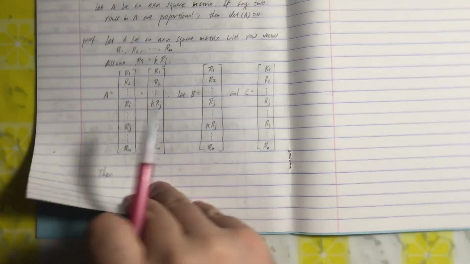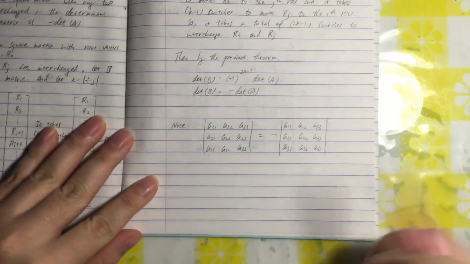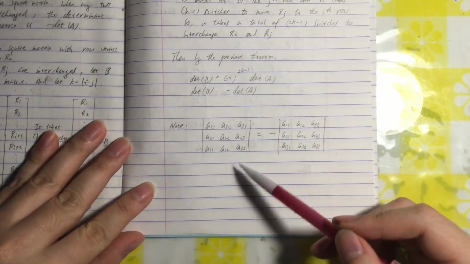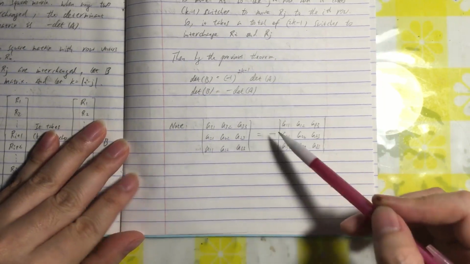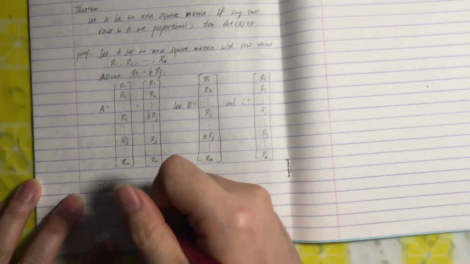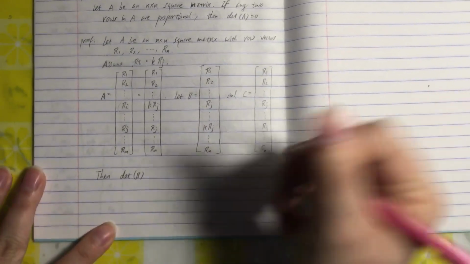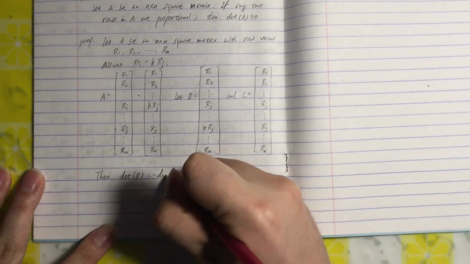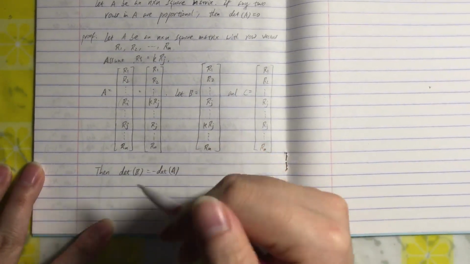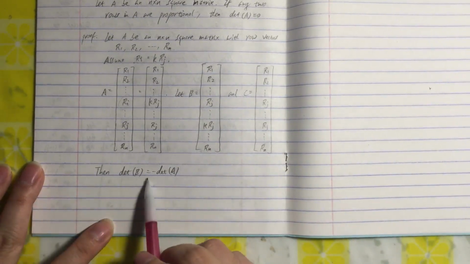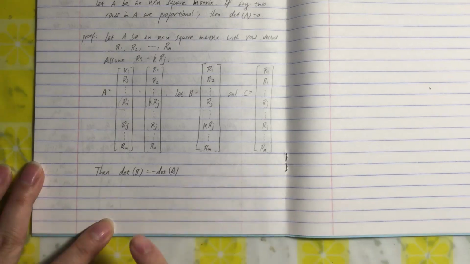And we know by the previous theorem that if we interchange two rows in a matrix, the sign of the determinant will be switched. So determinant of B equals negative determinant of A by the previous theorem.